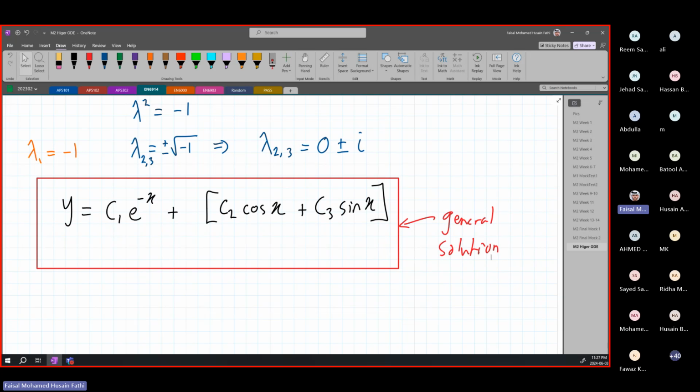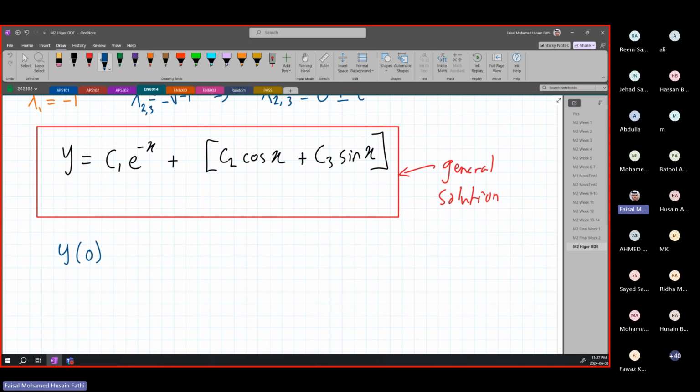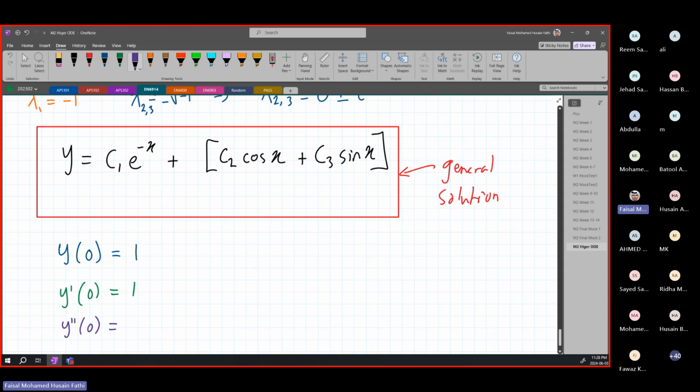All right? But we were given initial values. The first initial value we were given was y of 0 is equal to 1. The second one was y prime of 0 is equal to 1. And we were given that y double prime of 0 is equal to 4.